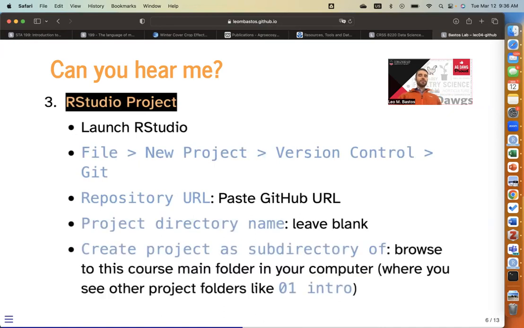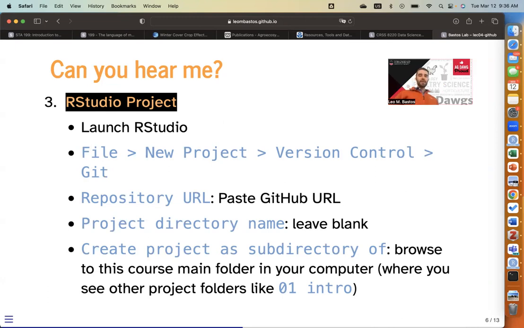And then coming back to your own computer, you're going to launch RStudio, do a new project, version control, Git. You paste the URL that you just created above in the repository URL field.